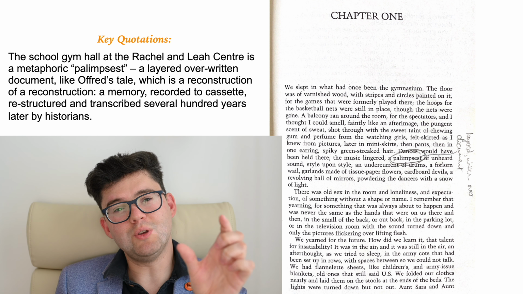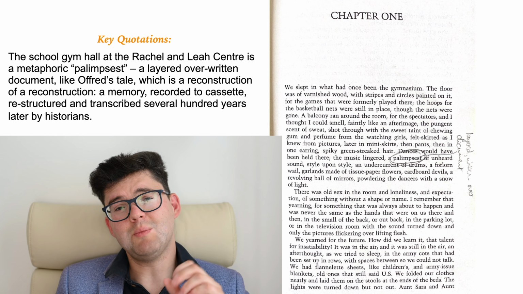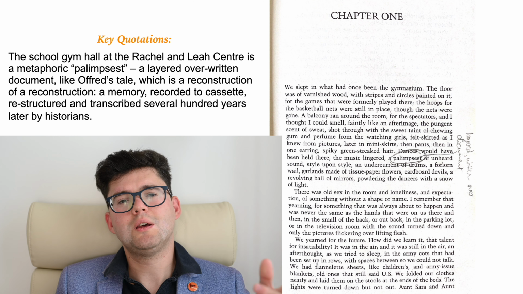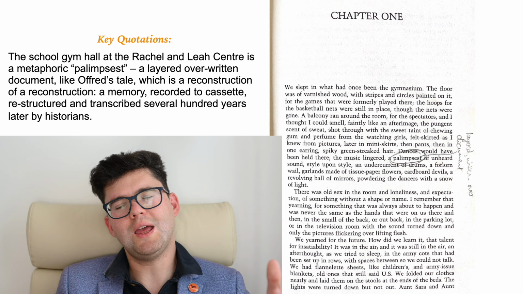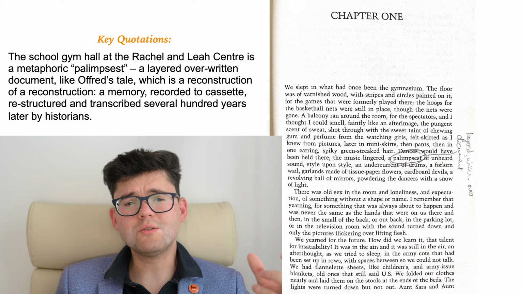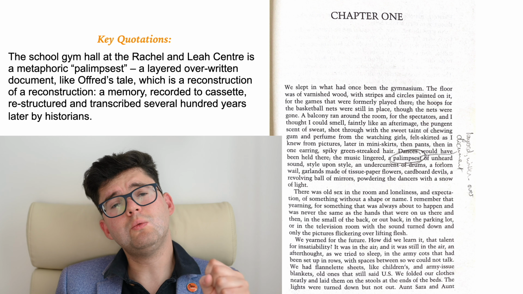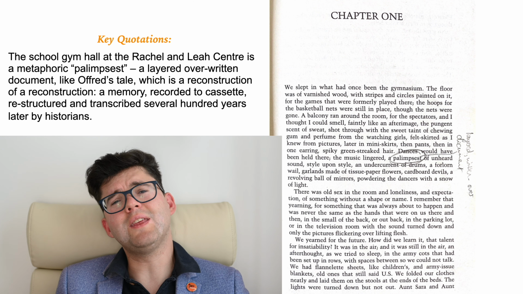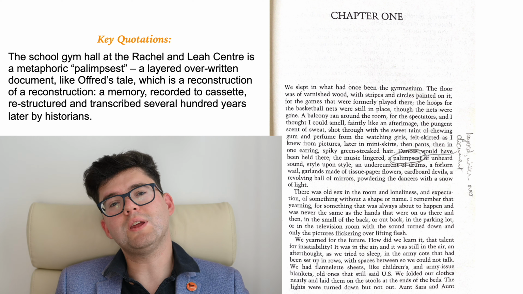That's suggested by the fact that the cassettes are actually described as being camouflaged. There's a piece of music at the beginning and end of each to make it seem like it's just a pop music cassette or whatever, to seem natural and safe. They're also not labelled and therefore jumbled up. And so the historian, who we will analyse in greater detail at the end of this course, transcribes these and has to make his best guesstimate of what order they should lie in, thus rendering the story a palimpsest.